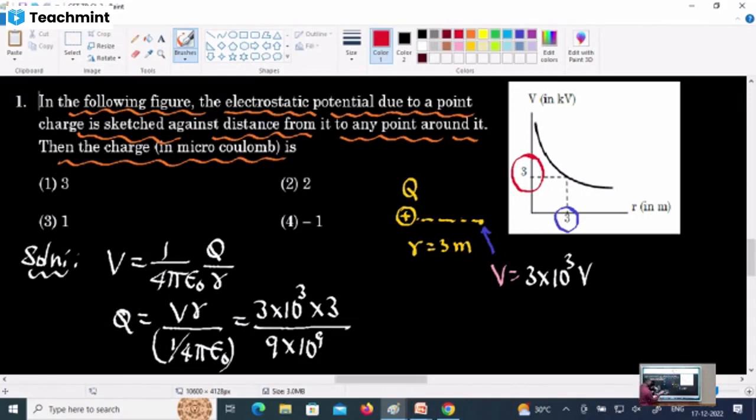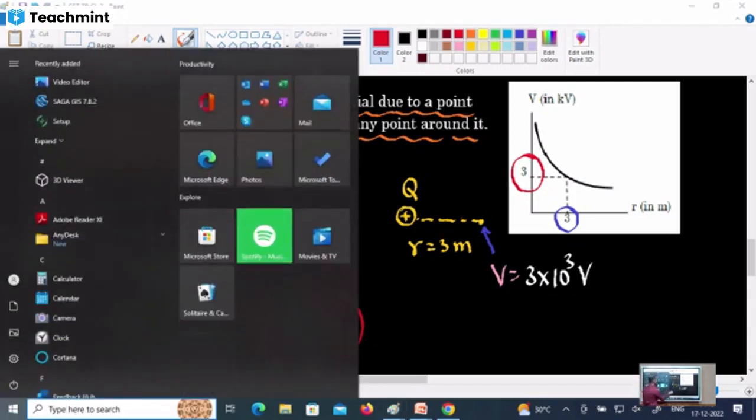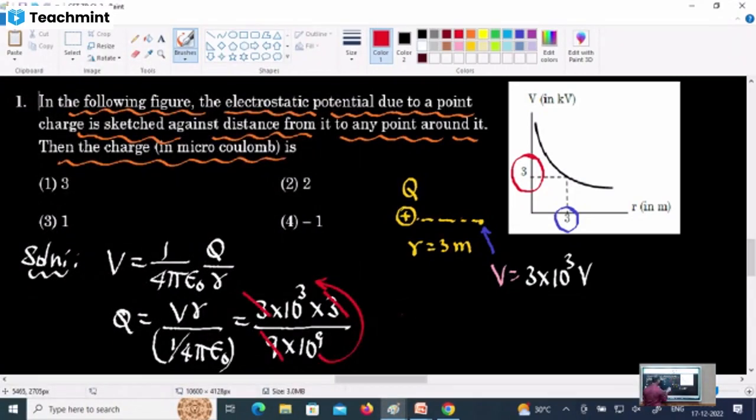My dear students, 3 3s are 9 and that 9 in the numerator and denominator cancel out, leaving you with 10 to minus 9 going to the top, 10 to plus 3. 10 to minus 9 into 10 to plus 3 will give you 10 to minus 6 coulomb, which is 1 microcoulomb. So the answer is the third one. That was easy, wasn't it?